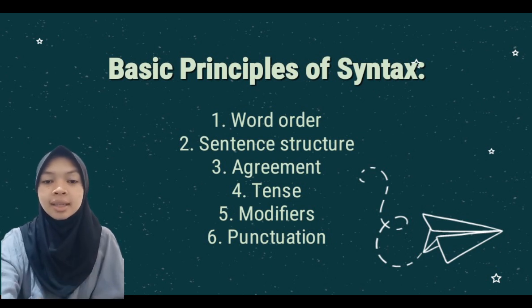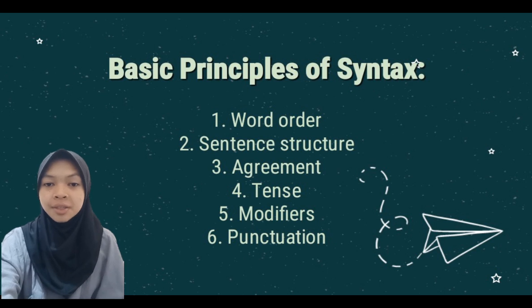The second is sentence structure. Sentence structure describes that sentences typically have a subject, predicate, and often an object. For example, she read a book. She as a subject, read as a predicate, a book as an object.